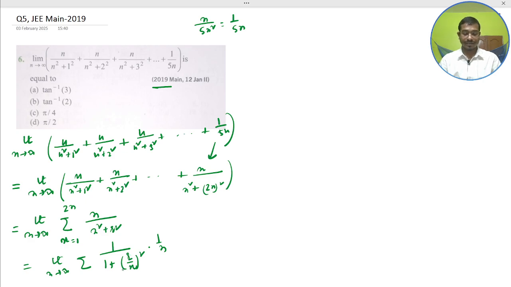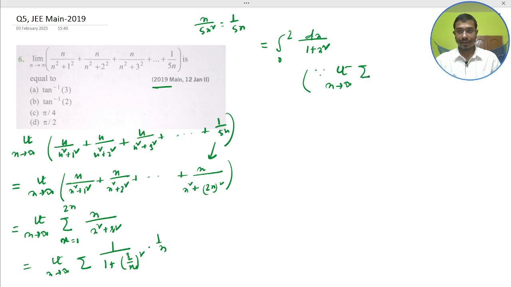So it would become the integration from 0 to 2 of 1 by (1 plus x square) dx, because the limit n tends to infinity of the sum r from 1 to pn of 1 by n times the function of r by n equals the integral from 0 to p of the function of x dx.